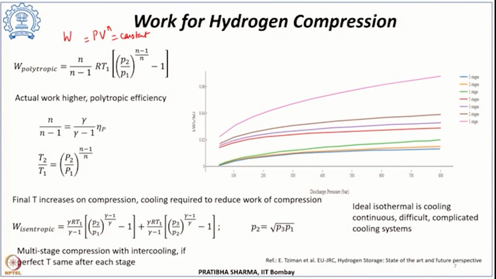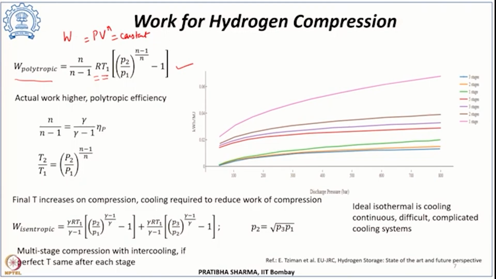So, the polytropic work is n upon n minus 1, where n is the polytropic index, times RT1, the initial temperature times the gas constant, times the pressure ratio P2 by P1 to the power n minus 1 upon n, minus 1. So, this is the work of compression which will be required if the process is considered to be a polytropic process.